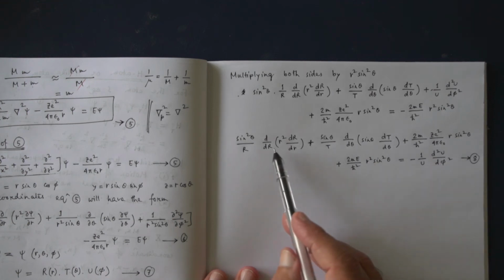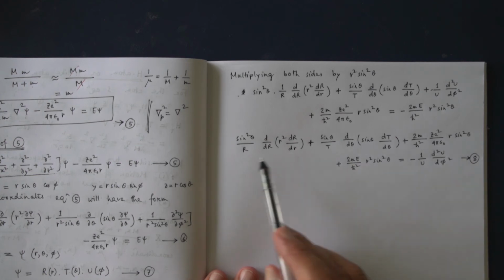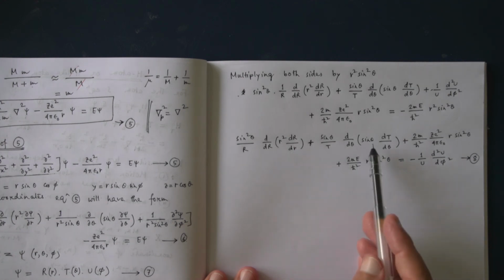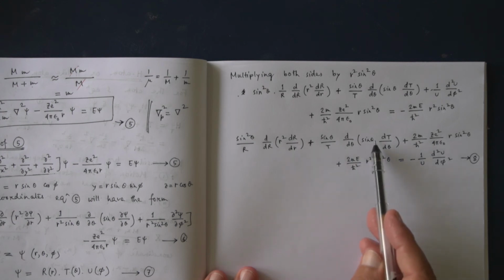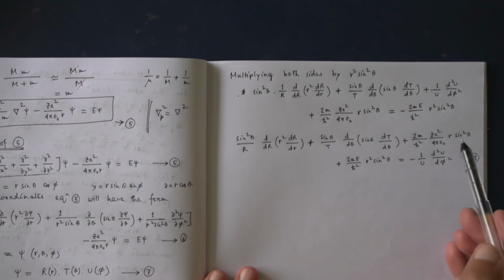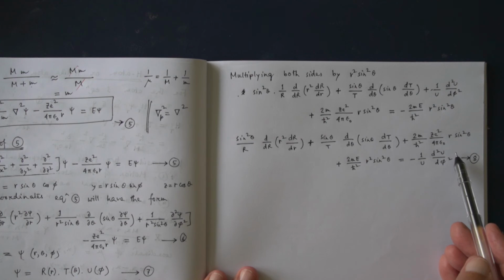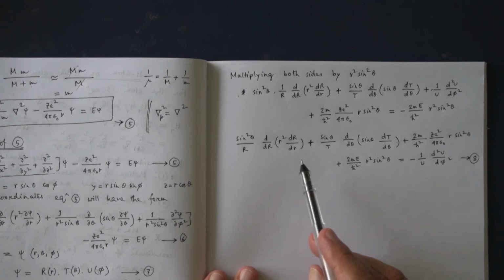If you look at equation 8, on the left-hand side we have variables r and theta. The left-hand side depends on r and theta, but the right-hand side is independent of r and theta. The right-hand side depends on phi, and the left-hand side is independent of phi.